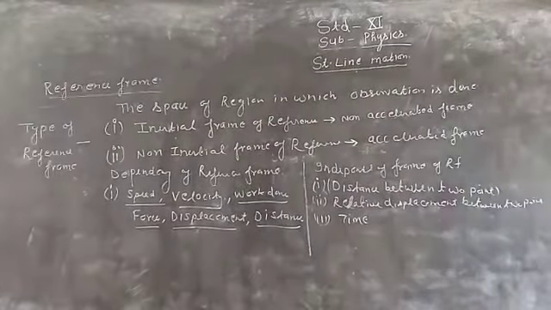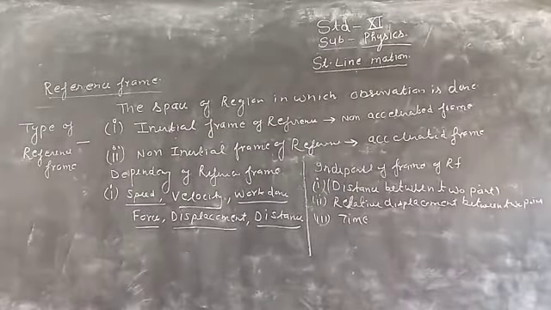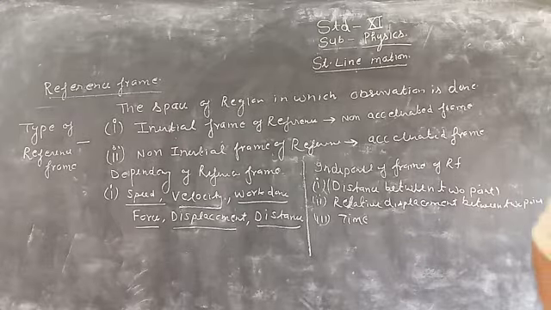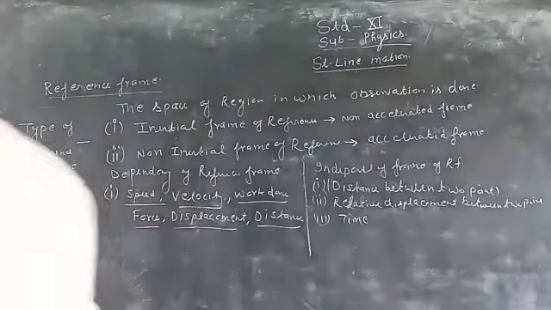There are some factors which do not depend on the frame of reference. That is distance between 2 points, relative displacement between 2 points, time. These are the factors which do not depend on the frame of reference. Time is the best factor which does not depend on the frame of reference.